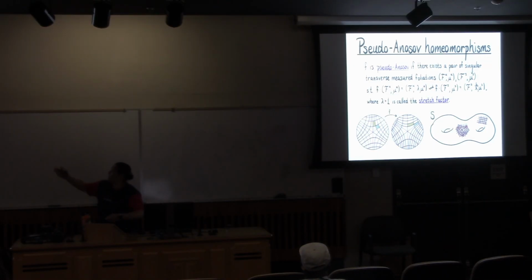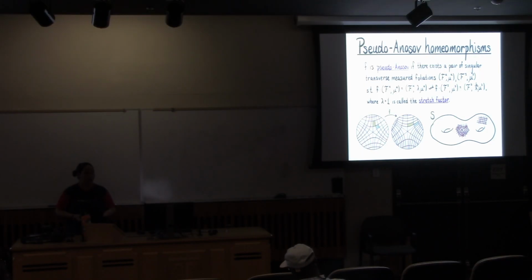They're measured, right? So they are equipped with some measure, such that they are preserved by F. So the foliation itself is preserved, and then the measure is either stretched or contracted. Okay, and so this stretching amount, lambda, is some real number greater than 1, and this is called the stretch factor of my map.